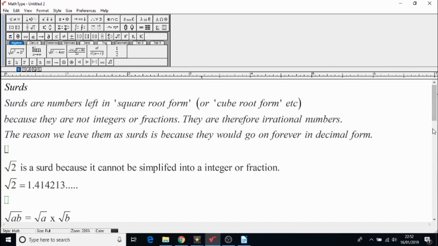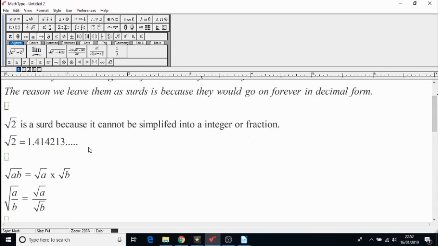There are rules when it comes to manipulating surds. When multiplying surds, the square root of AB is the same as the square root of A multiplied by the square root of B. This is a rule you would apply when multiplying surds.